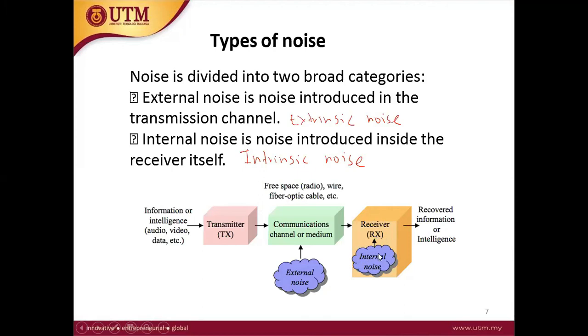The receiver will decode the data or information, and we recover it into a readable form that we can make use of and understand. So the recovered information will contain noise from both extrinsic and intrinsic sources. Those are the basic types of noise. We will look into many types in the next class.